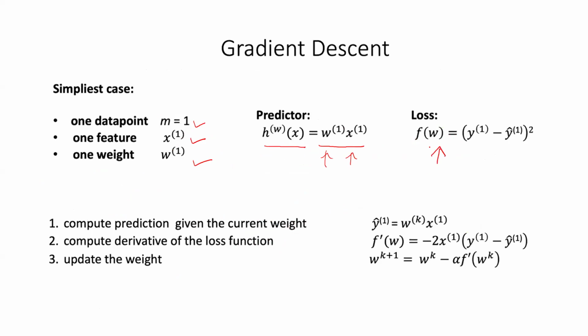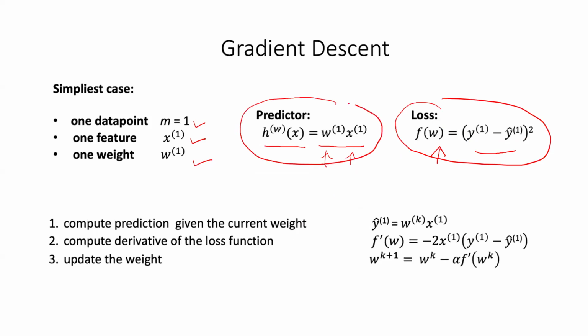We calculate the loss by f of w equal to y1 minus y hat 1, whole square, that is, the square of the actual output minus the predicted output. This is the equation for the predictor, and this is the equation for the loss.